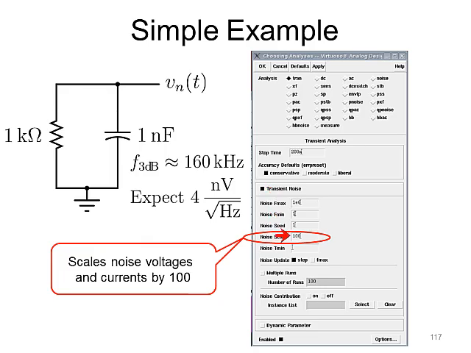The transient noise analysis also has an option where you can deliberately numerically increase the noise generated by a large factor. This way, the noise floor of the computer you're using does not affect the results.